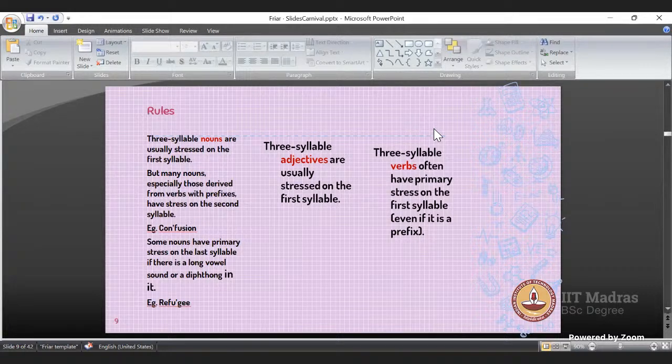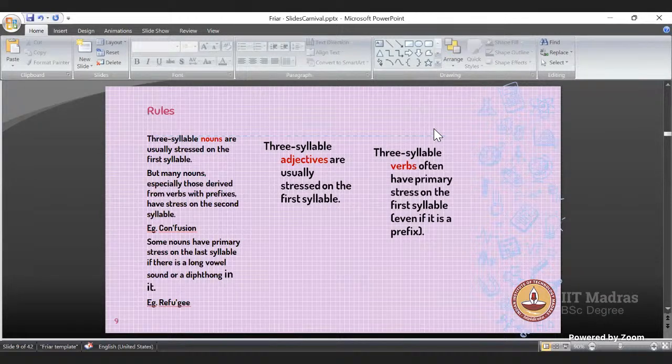The third point is something similar to the one that we saw before: if you have a long vowel or a diphthong at the end of your word, then the stress will shift to that, because that is the vowel with the highest sonority, the highest peak. So that is going to take the stress.